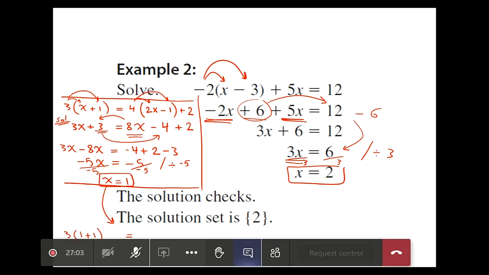When we substitute x = 1 in the right hand side, we have 4(2 multiply 1 minus 1) plus 2. Look at the left hand side, we have 6, 3 multiply 2. Also here we have 4 multiply by (2 multiply 1, 2, 2 minus 1, 1) plus 2.